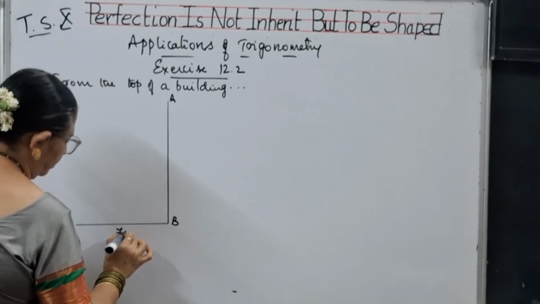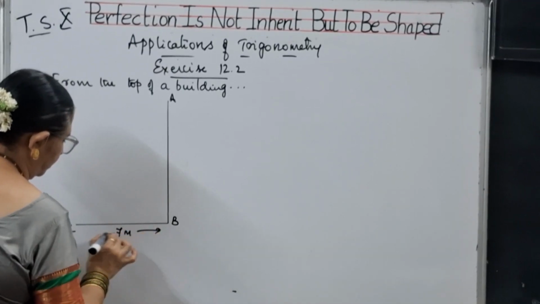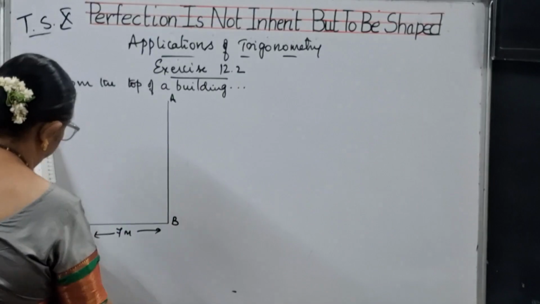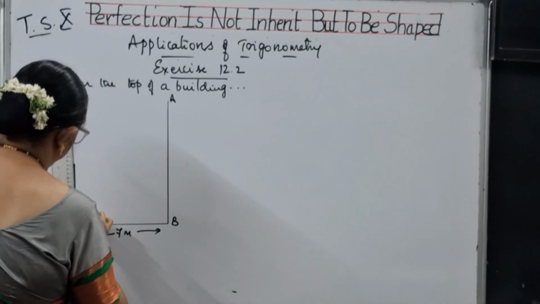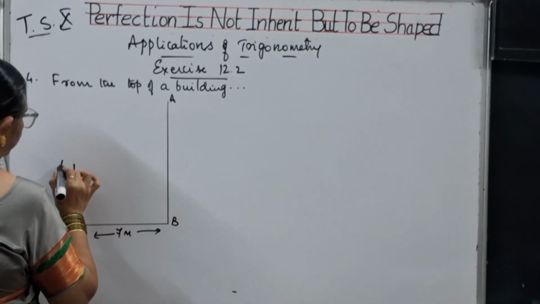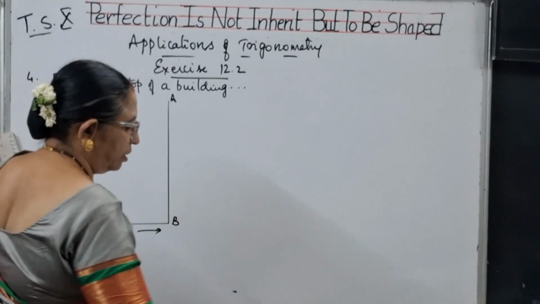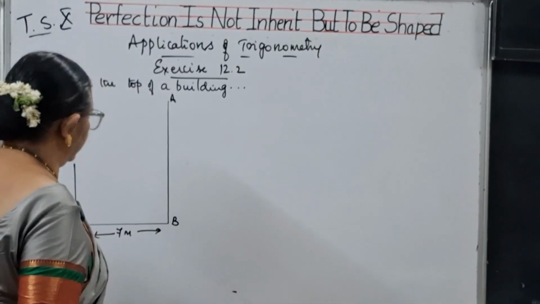They have given the distance is 7 meters. This distance is 7 meters. There is a building. This is the building. And from the top of a building, the angle of elevation.